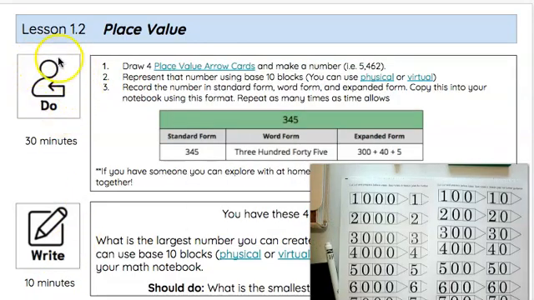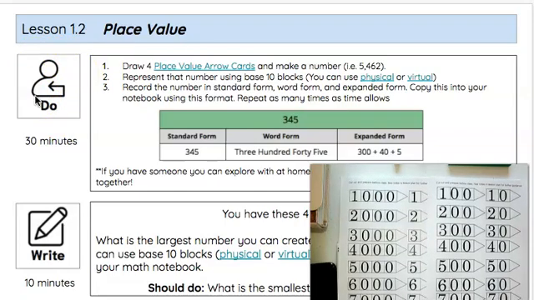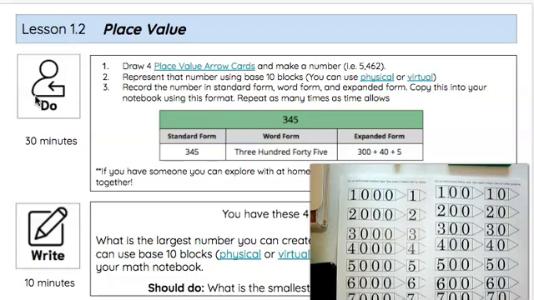For the do section of this lesson, you're going to need the place value arrow cards from the previous lesson. If you happened to throw them away, I've also linked them here so that you could reprint and recut them. You're also going to need base 10 blocks.